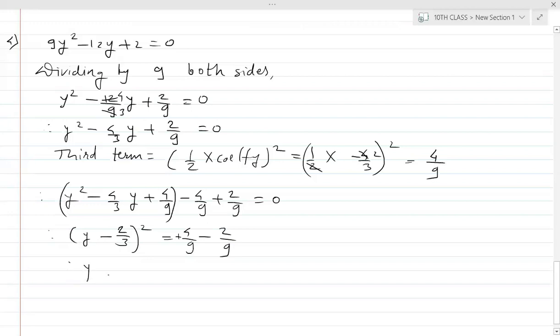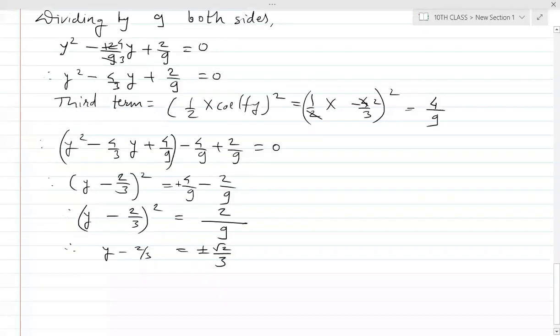So the equation becomes y minus 2 by 3 whole square equals, the denominator is the same, 4 minus 2 is 2. Here the square becomes a square root on the right side. The square root of 2 is root 2 and the square root of 9 is 3. So we get two values, plus and minus.